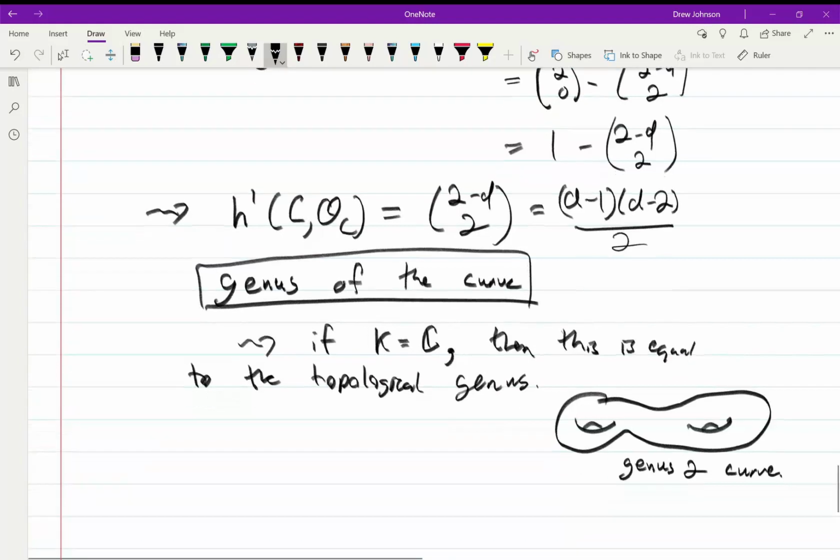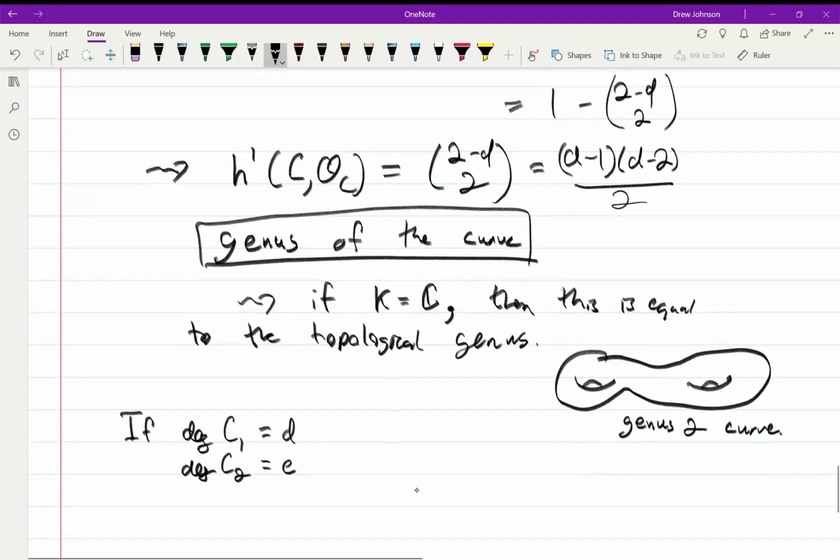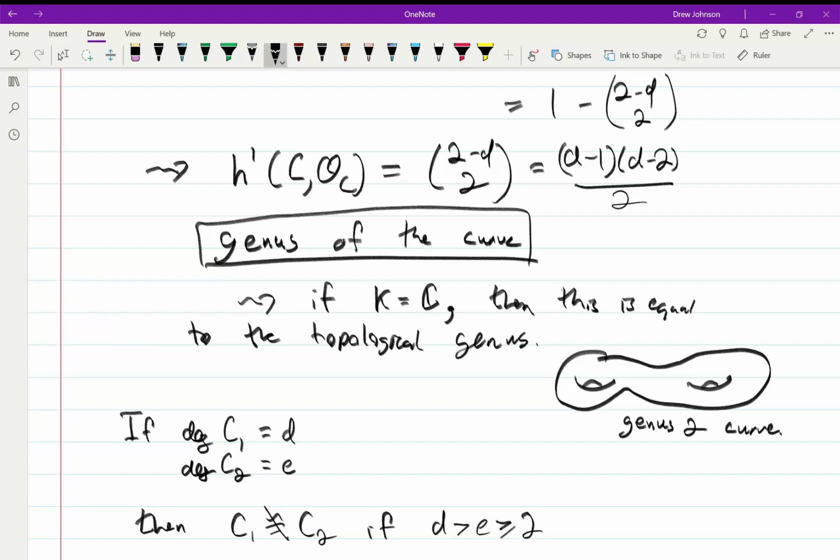All right, so here's one way you can use this for a basic result. So if you have two curves, C1 of degree d and C2 of, let's say, degree e, then C1 is not isomorphic to C2 if d is bigger than e, and they're both bigger than, I guess this would have to be bigger than 2, right?